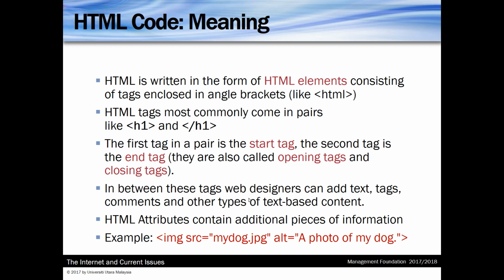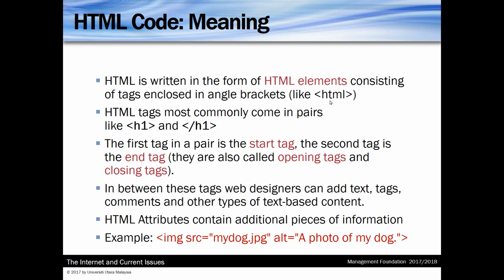Tags are used to mark up the start of an HTML element, and they are usually enclosed in angle brackets. An example of a tag is <html>. HTML tags most commonly come in pairs like <h1> and </h1>, and most tags must be opened and closed in order to function.